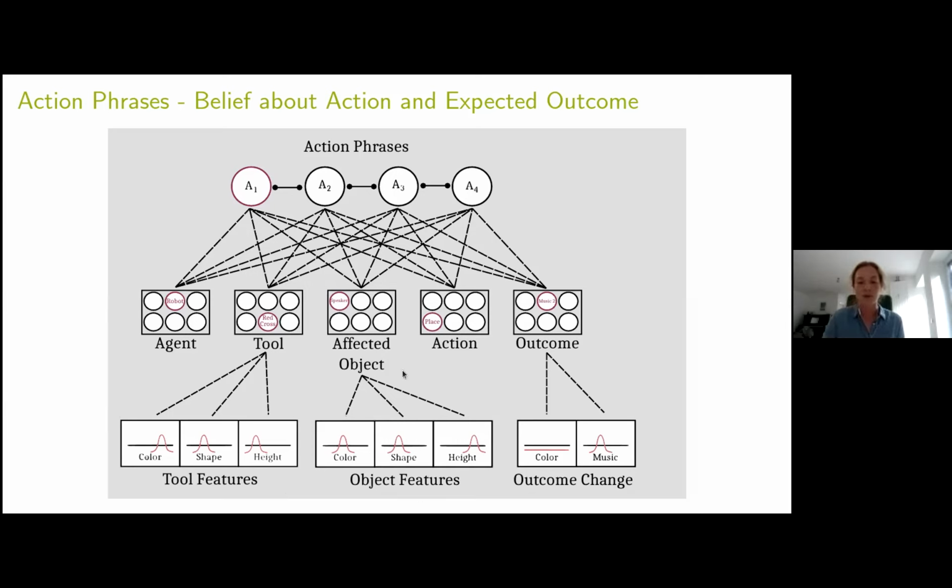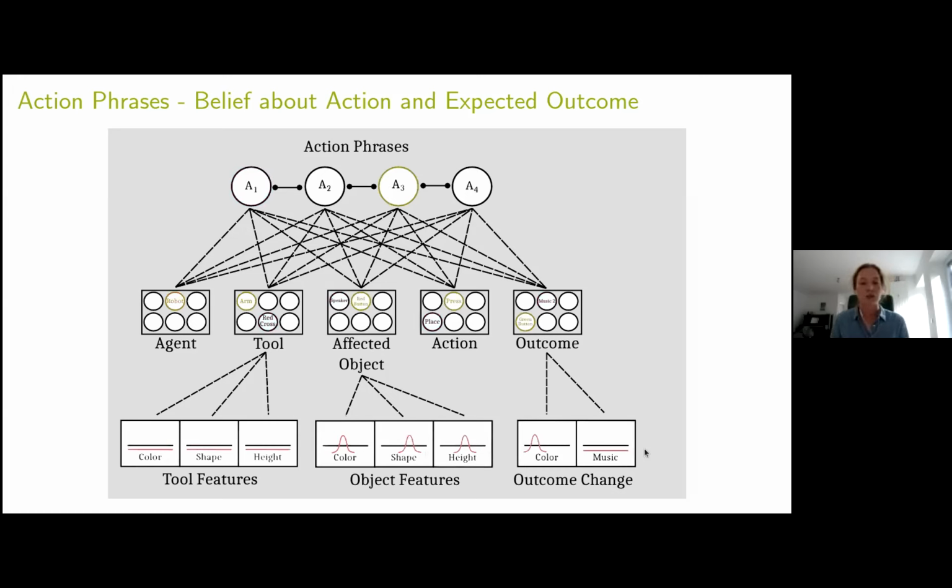And so we have the same for the speaker, and for the music we would then expect an outcome change in the dimension of music. So what's important is that all those concept nodes are always connected to the sensory or motor surface. So in case of the objects, it's the sensory surface, and in case of the action, it's the motor surface.